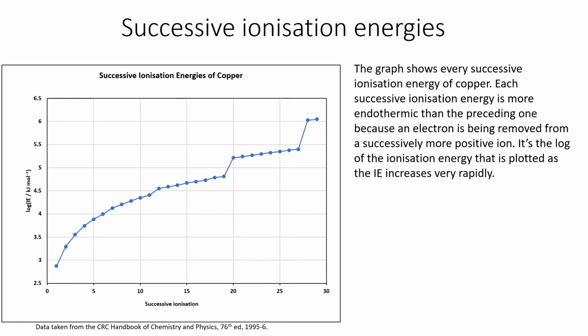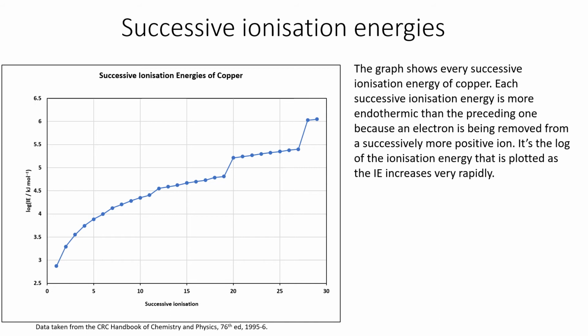I'll make this point here with the text that's just come up about the energies going up. And in fact, one point worth making is that if you look at the units on the y-axis, it's not just ionization energy, we're actually plotting the log of the ionization energy. We tend to plot the log when the thing you're plotting is going up extremely quickly.